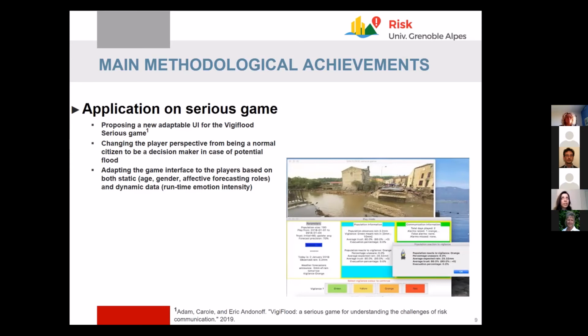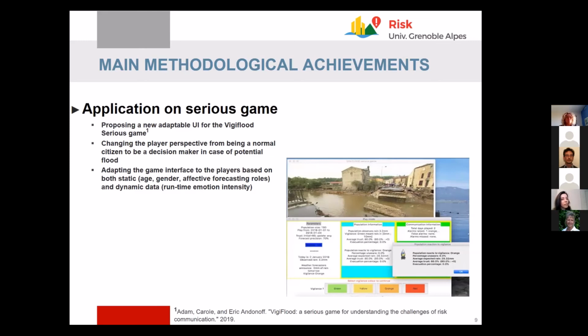As the goal of the game is to change the perspective of the player into a decision maker, studies show that stimuli help people understand better. We can use text, an image, a video, or a 3D display to help people better understand their risk.